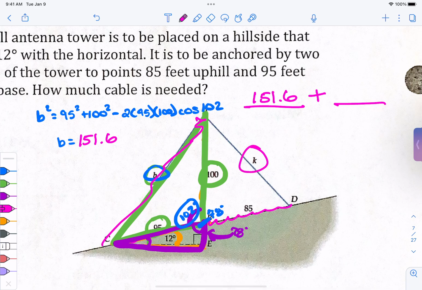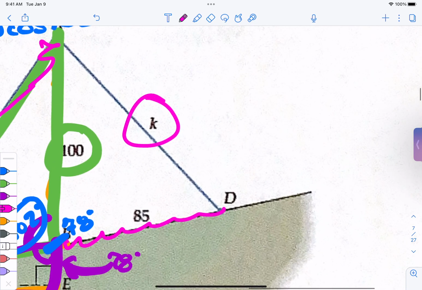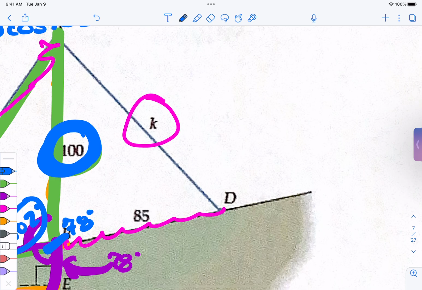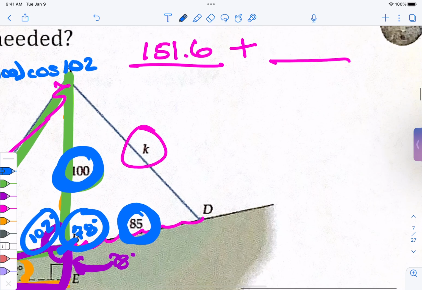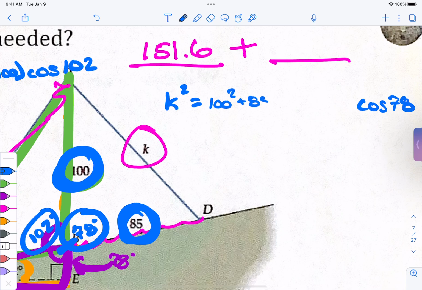Now let's talk about how to solve for K. The other things that I'm going to use to solve for K are 100, 85, and 78 degrees. So if K goes here, then cosine of 78 would have to go here. And 100 squared plus 85 squared minus 2 times 100 times 85 times cosine of 78, there he is.